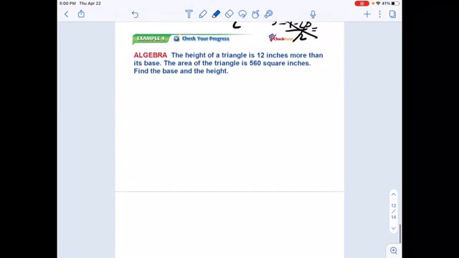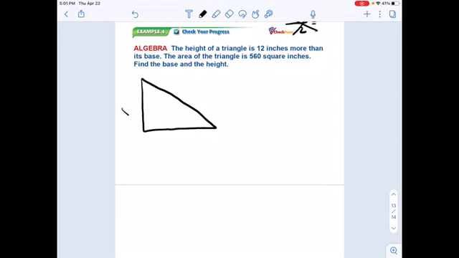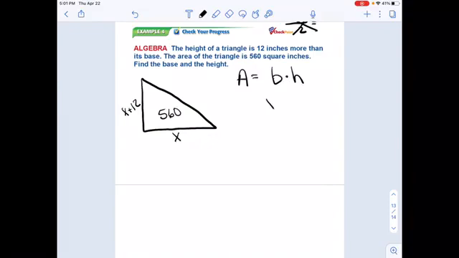Okay, one more just like that. We have a triangle. The height of the triangle is 12 inches more than the base. The area is 560 square inches. Area is base times height, so base is x.